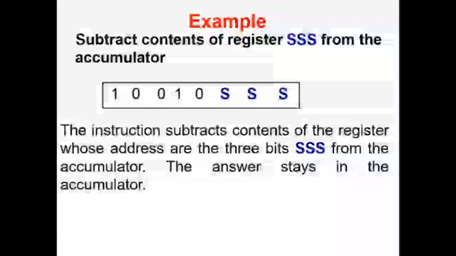So can someone write for me a code to subtract C from what is in the accumulator? Can someone write me a code for that?